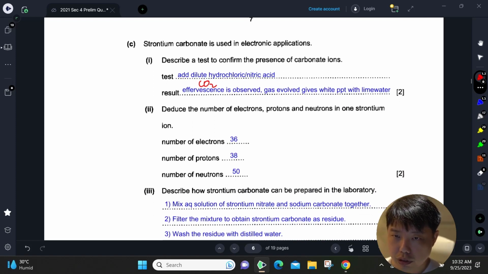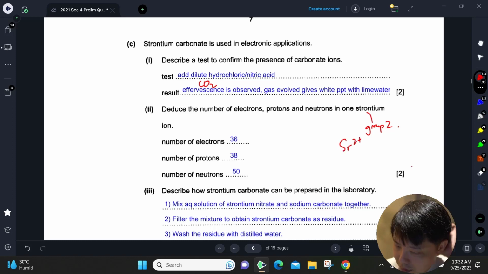Okay, part 2, deduce the number of electrons, protons, and neutrons in one strontium ion. So the number of electrons will be 2 fewer than the number of protons, because strontium is in group 2. Group 2 forms strontium 2+, which means that the number of electrons will be 2 fewer than the number of protons.